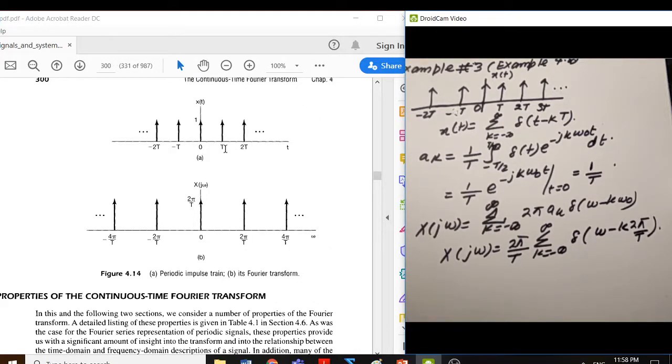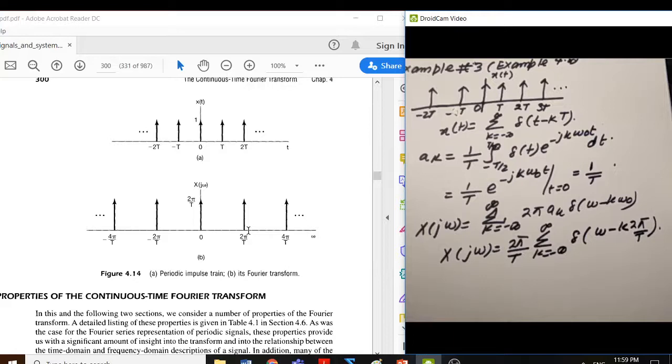If T becomes 2 seconds from 1 second, this will go further, but over here this will squeeze. So this also reinforces one concept which we discussed in Fourier series, which was that expansion in time is compression in frequency, and vice versa.